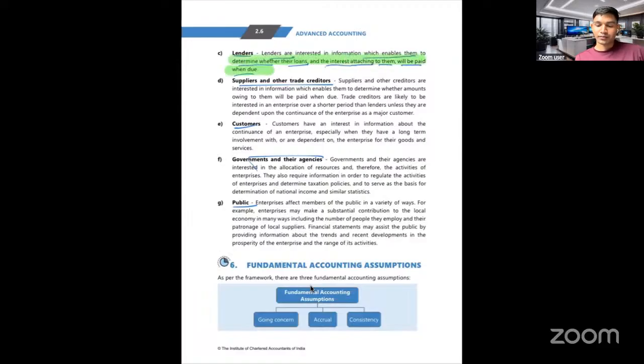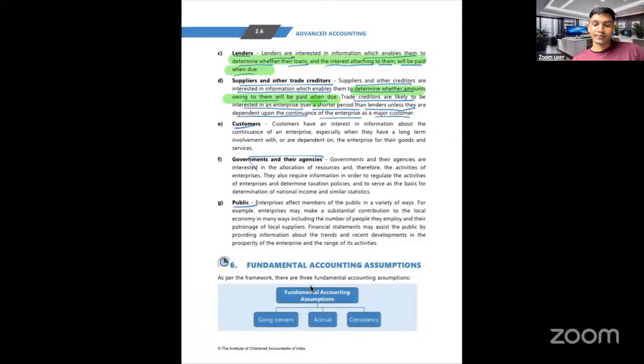Suppliers and trade creditors are interested in the information which enables them to determine whether the amount owing to them will be paid when due. Trade creditors are likely to be interested in the enterprise over a shorter period than lenders unless they are dependent upon the continuance of the enterprise as a major customer.